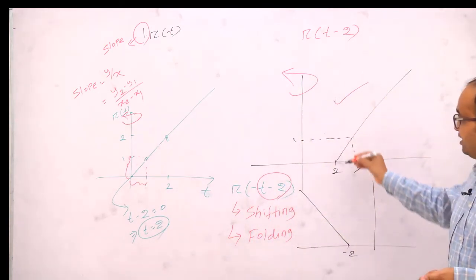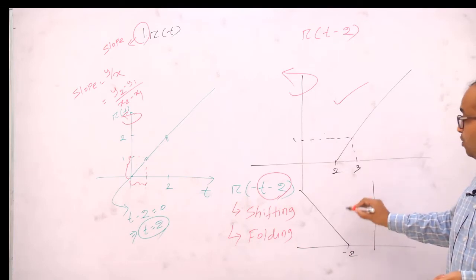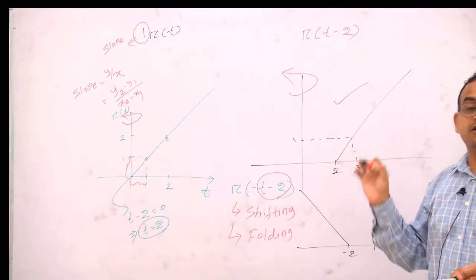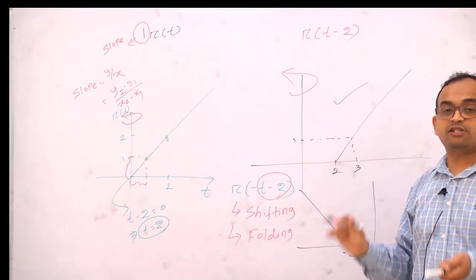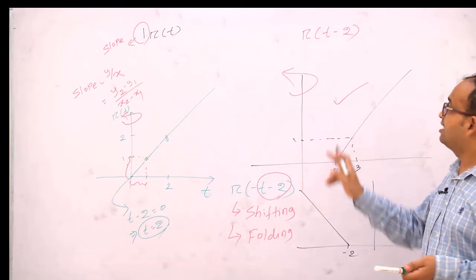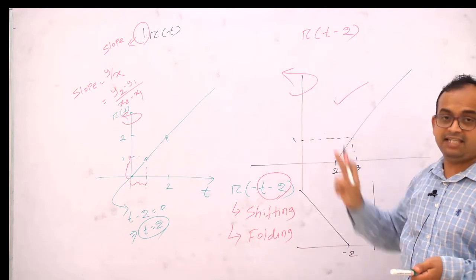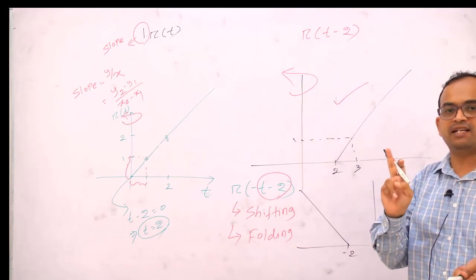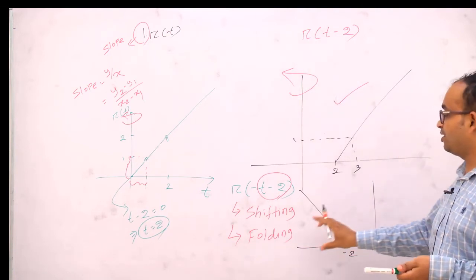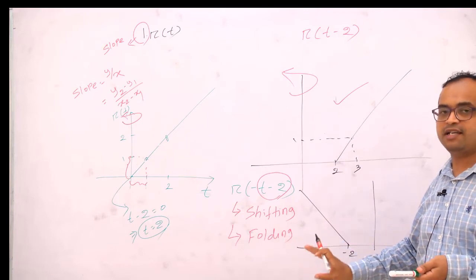So this 2 will go to -2 with the same slope. Remember, we cannot change the slope here because the value multiplied with r of t is only 1. Slope is 1, so you can only shift or hold the signal, whereas we cannot touch the slope of the signal.